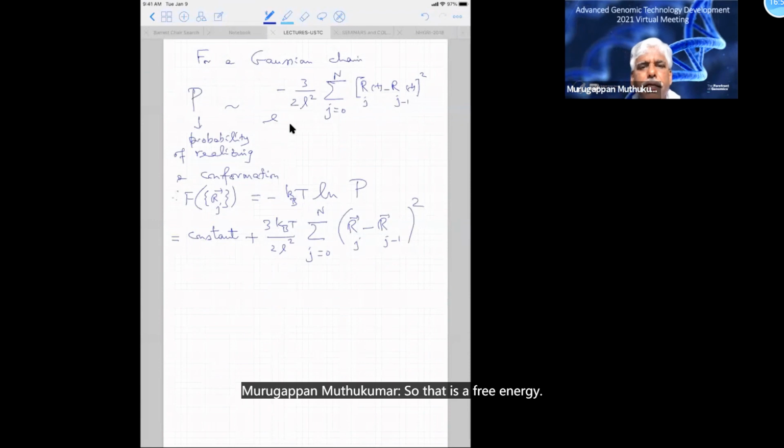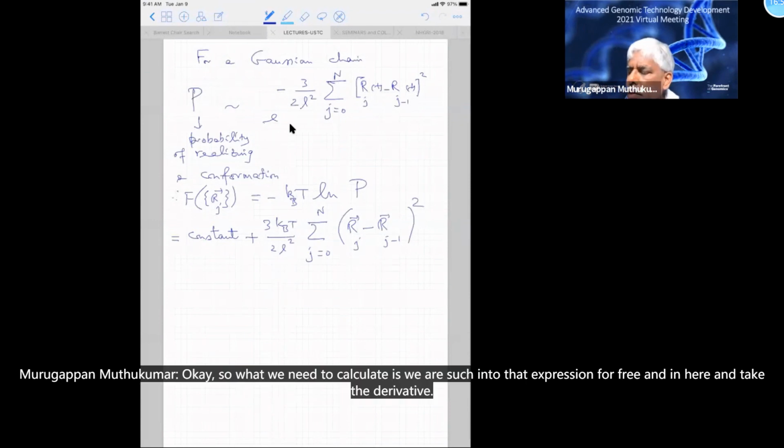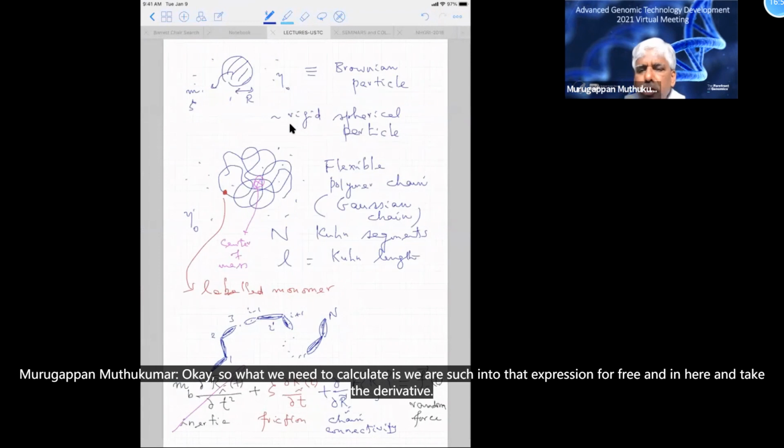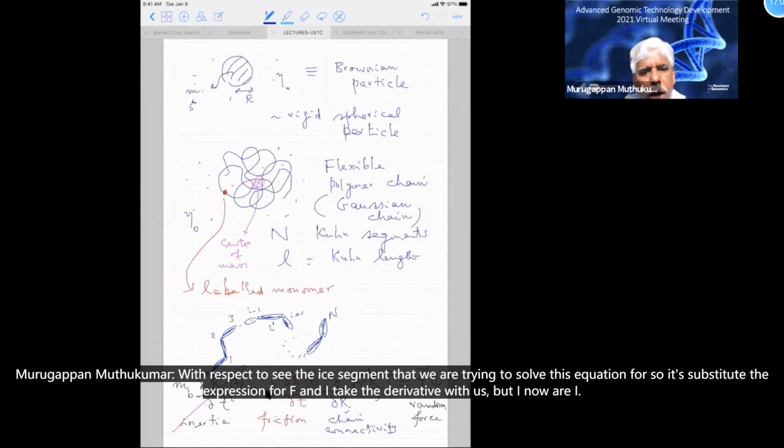So that is the free energy. Okay. So what we need to calculate is, we have to substitute that expression for free energy in here and take the derivative with respect to the ith segment that we are trying to solve this equation for. So we substitute the expression for F and then take the derivative with respect to Ri.